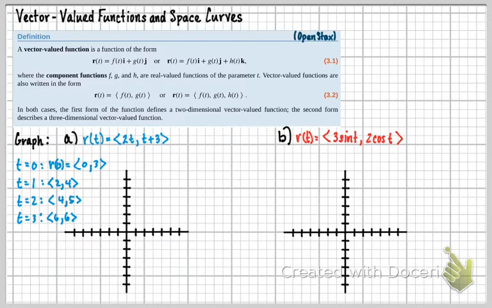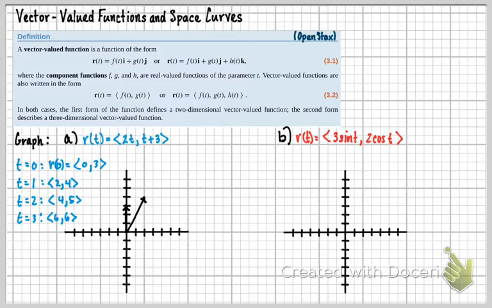So for the first one, <0, 3>. So 3 is there, so this vector is going to run straight up. That's going to be that first vector. Now the next vector is <2, 4>, so 2, 4 is going to be there, and the vector is going to run this way. Be careful not to overshoot the vector here. Make sure the very tip of it is at that point 2, 4.